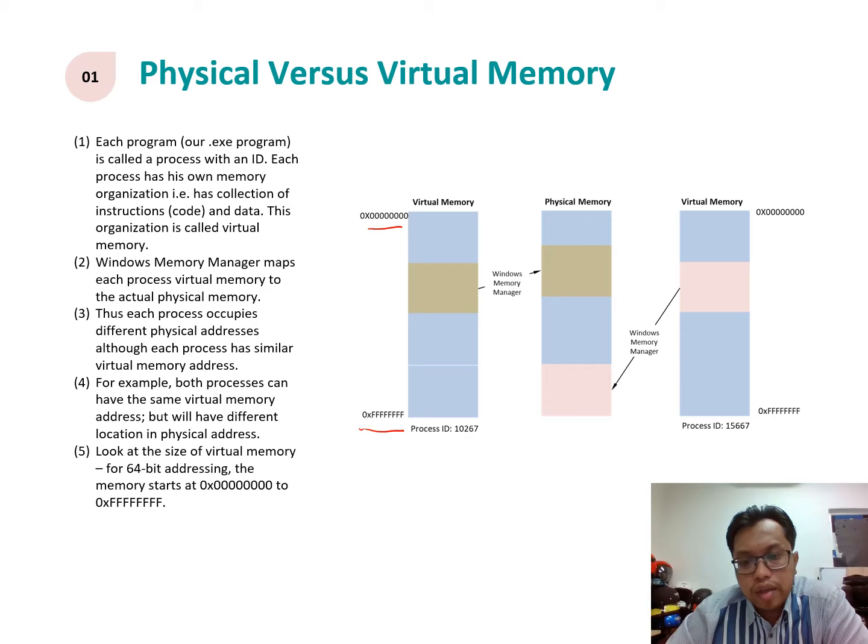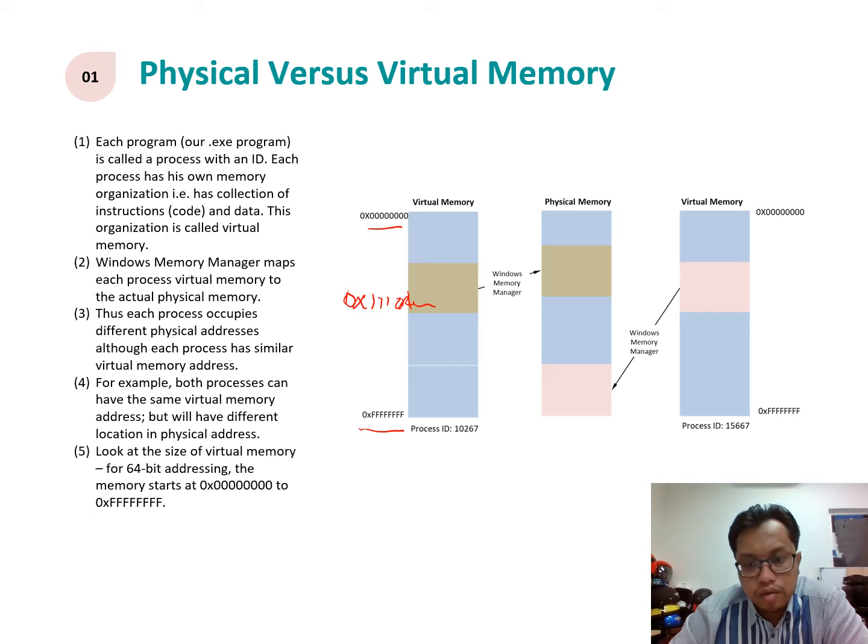Let's say in the virtual memory it uses an address like 111 or whatever, but when it maps into the actual physical RAM, the address will be different. Two processes may have the same addresses in terms of how each data is saved in the virtual memory, but when it is really mapped into the physical memory, or RAM, it will have a different address.